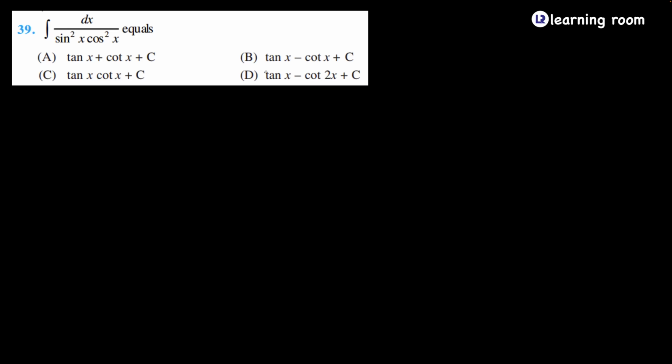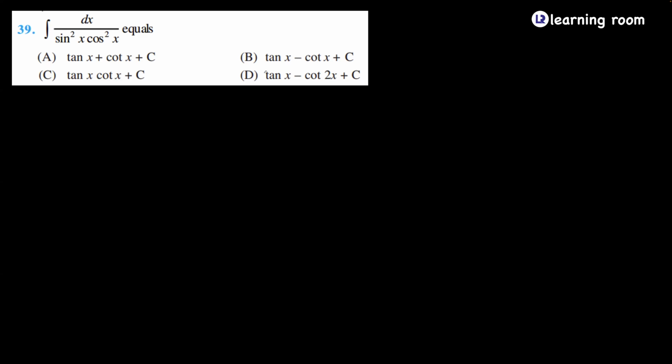So the integral of dx divided by sine square x into cos square x. Right. How to proceed? Okay, I'll try to do it in two methods and show you.